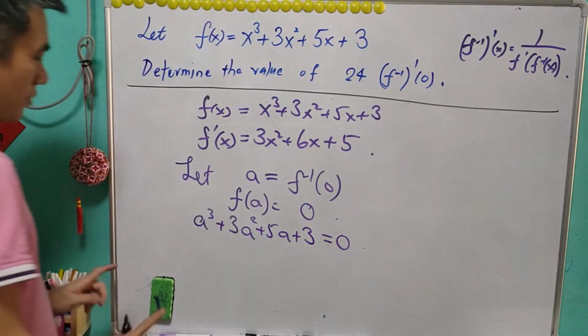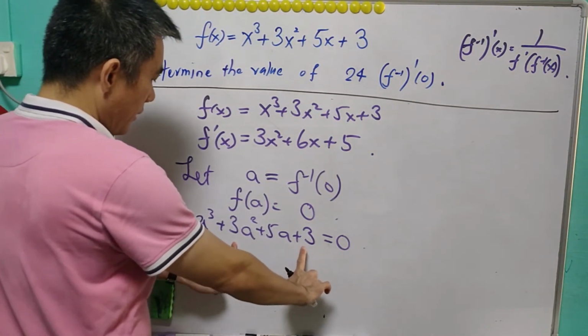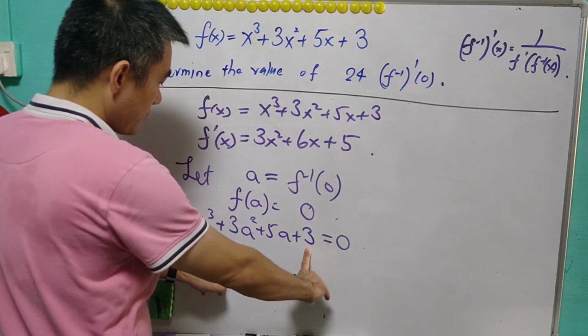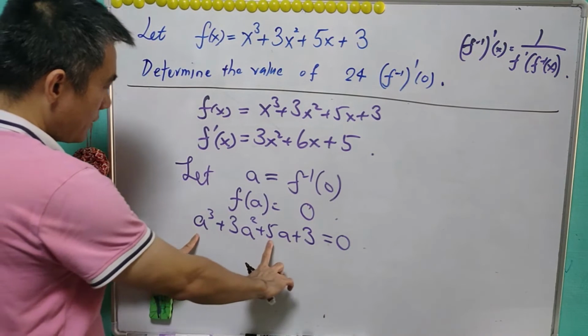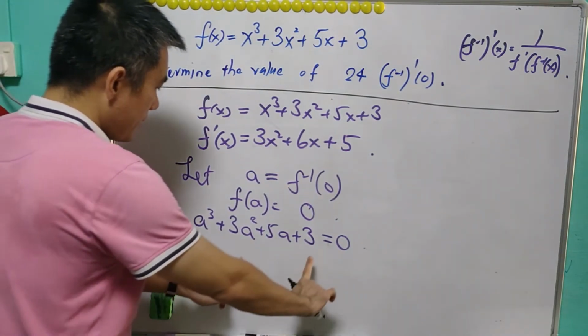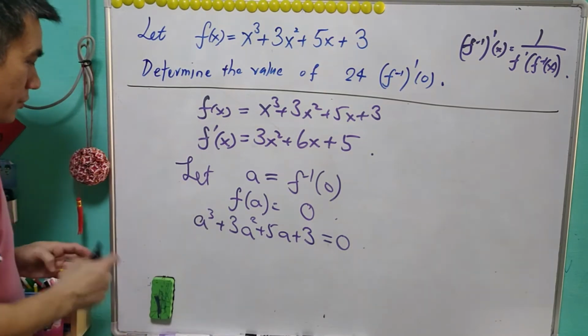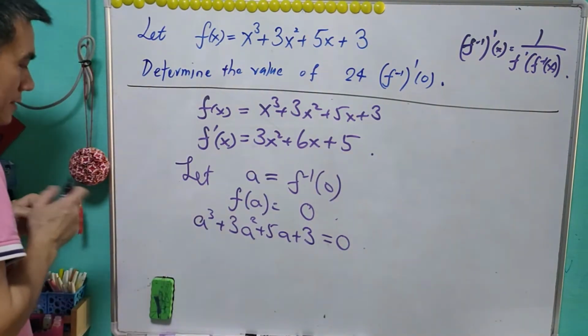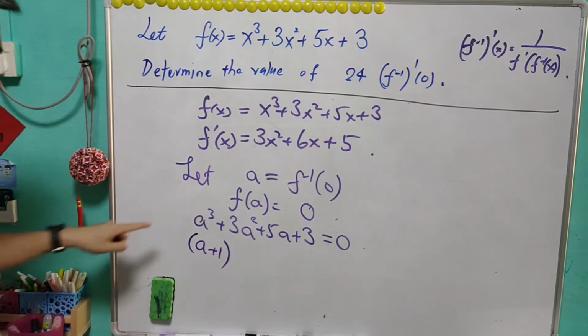Note that the coefficients 1 and 5 sum to 6, and 3 and 3 sum to 6 as well. So it suggests that when a equals -1, this is -6, and this is +6, and the sum is equal to 0. So we know that a equals -1 is a root, and therefore a plus 1 is a factor.